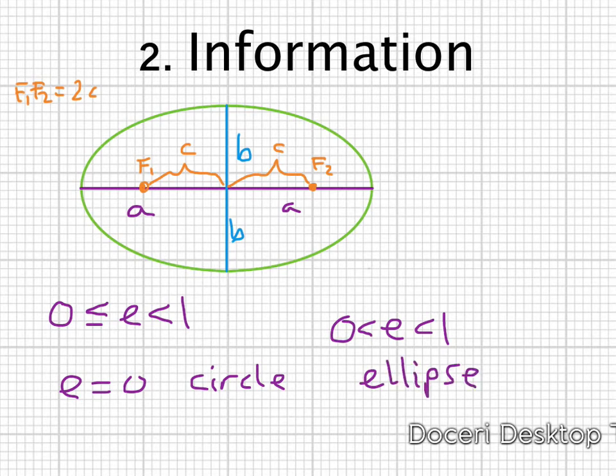And there are lots of different ways we can categorize the eccentricity in terms of how to solve for it. But really the most simple is the eccentricity is the distance from the center to one of the foci, which is C, divided by half the major axis, which is A. You can also say that it's equal to the square root of A squared minus B squared, all divided by A. As you can see, this kind of looks like the Pythagorean theorem.